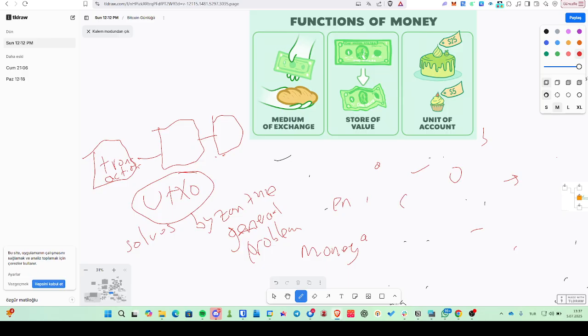So other previous counterparts don't have that speciality of being a value, being a money, being a medium of exchange or store of value, functions of money. It's really important.